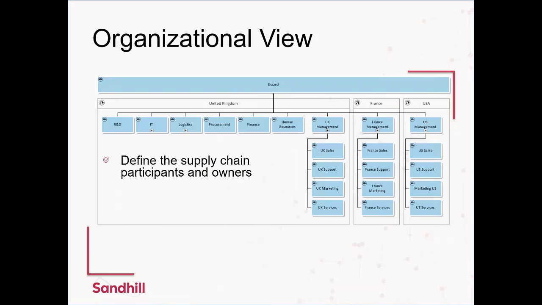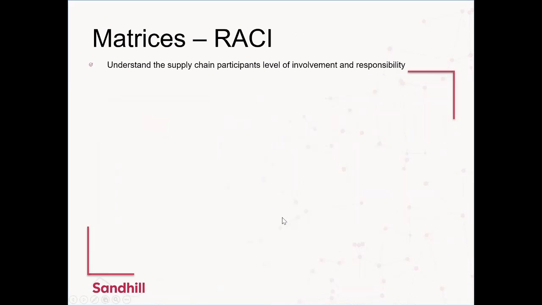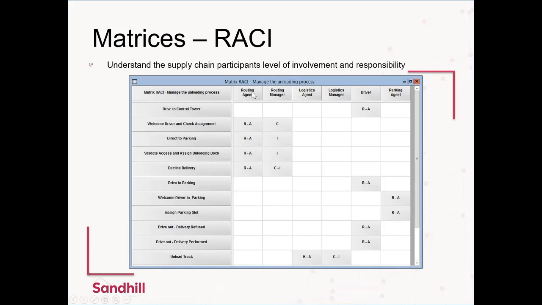But the idea behind having the organizational view is that we can then start looking at that and assigning responsibilities for that. So you might be familiar with things like RACI matrices, where we can look at the responsible, accountable, consulted, and informed status of the actor against a particular process.